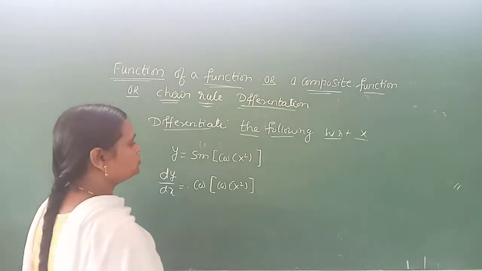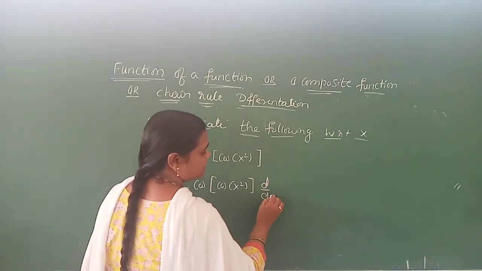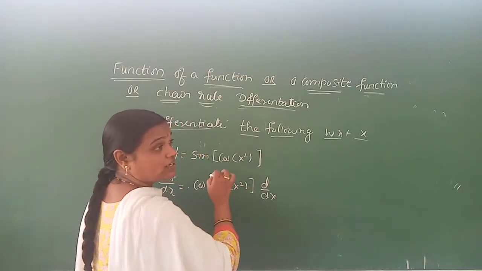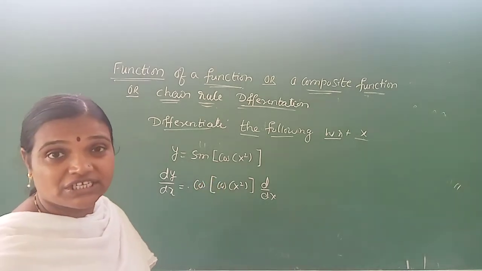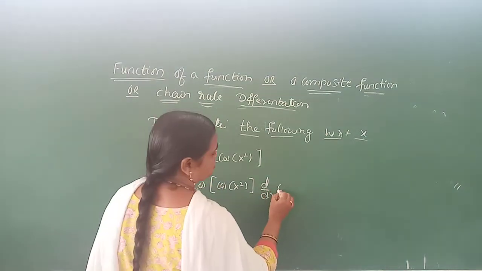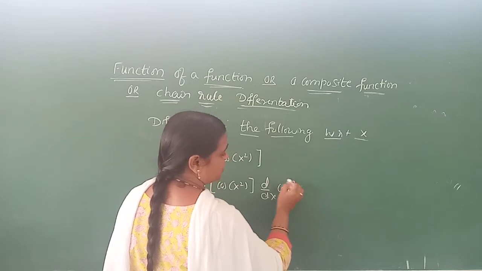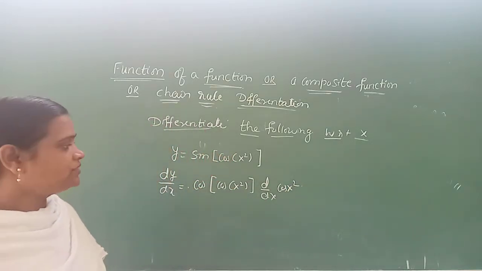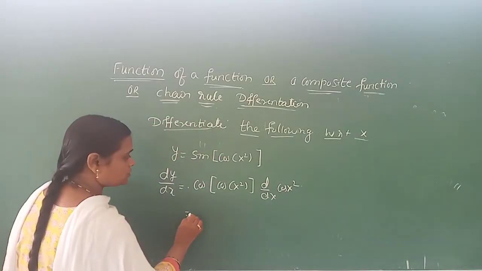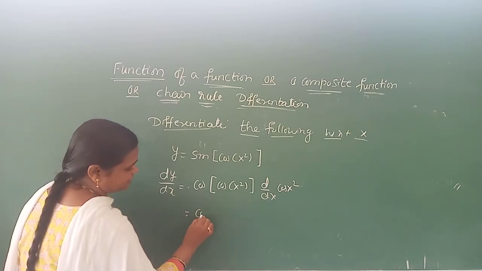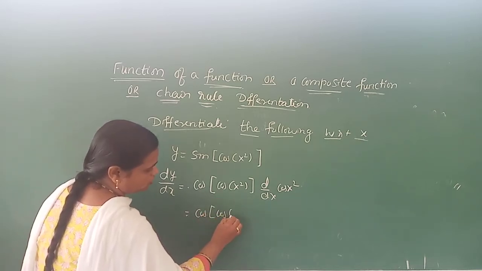Next, do the differentiation of d by dx of this angle. We have not done differentiation yet, that one we are taking. Next, we are writing as it is cos of x square.